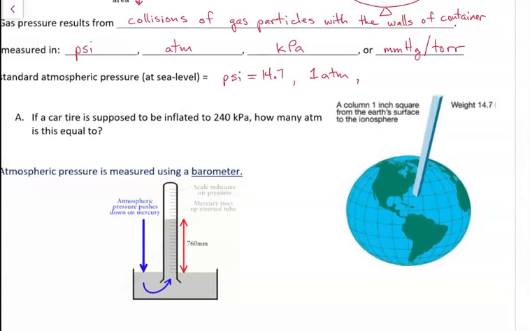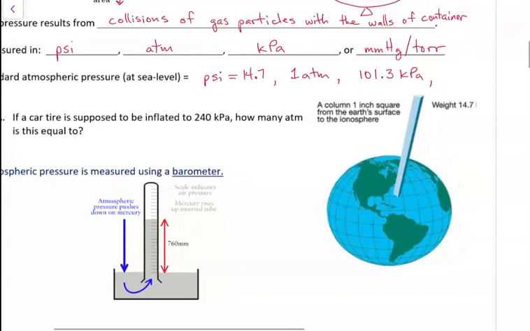In kPa, it's 101.3. These numbers are all equal to each other, just like saying 1 foot equals 12 inches. All of these numbers are equal because we're changing the units. And in millimeters of mercury, which is synonymous with torr, the number is 760.